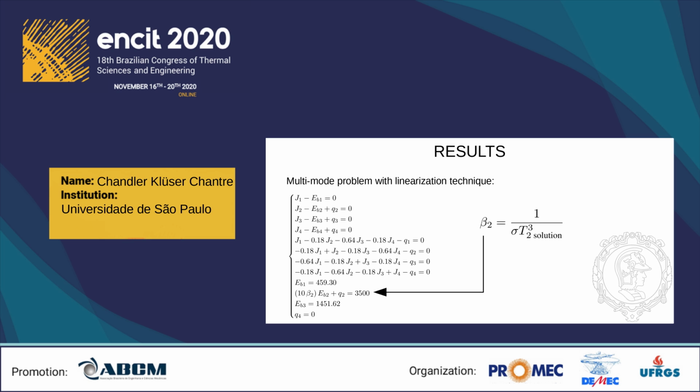This technique will make the system of equations linear again, at the cost of making an initial guess, which is also presented in this slide, of the temperature of surface 2, which is raised to the third power.